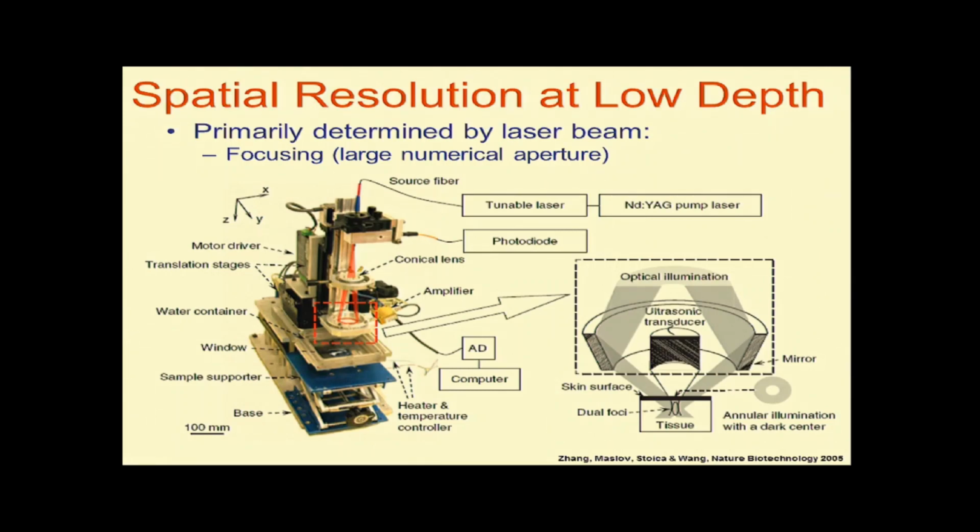Now, all of that was at sufficient depths, which is larger than 0.5 millimeter. If you go to low depths, which is below 500 micron, then the resolution is determined by the laser beam. An example from Lihong Wang's group is shown here, where they took the optical beam, split it to go around the transducer, and sharply focus underneath. Now, this light does not scatter because it's at very shallow depths.